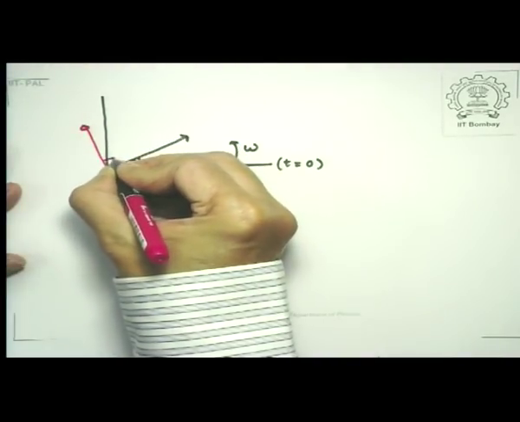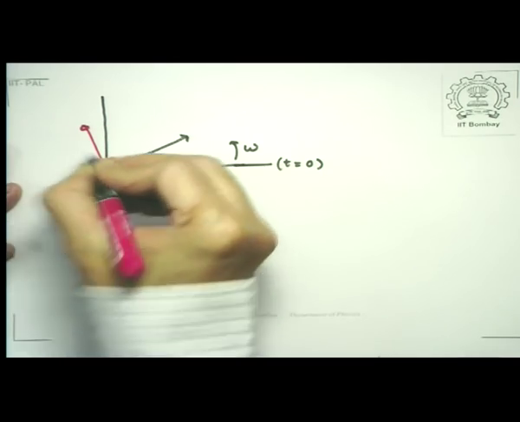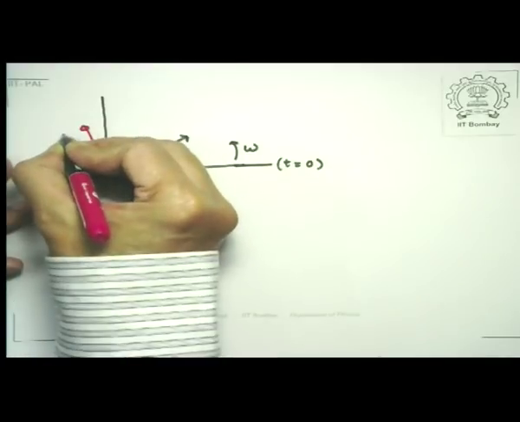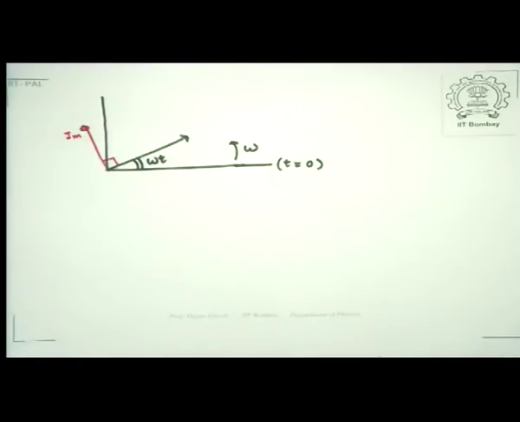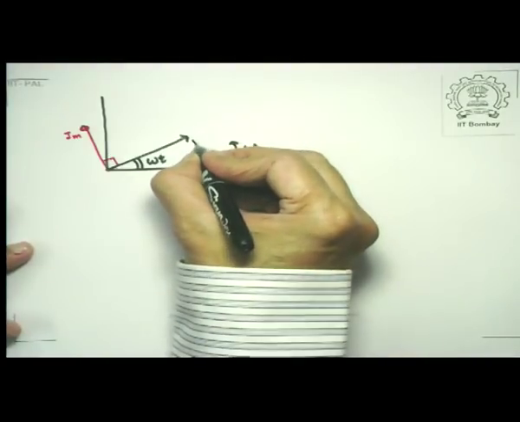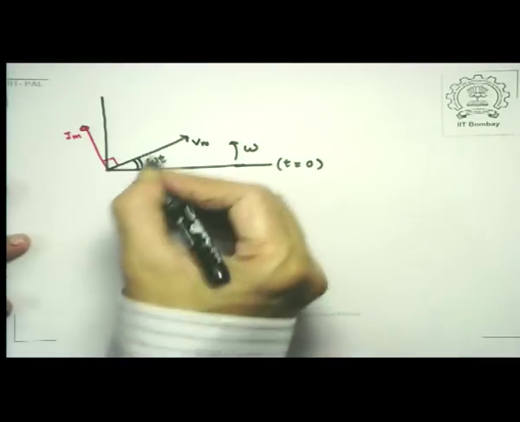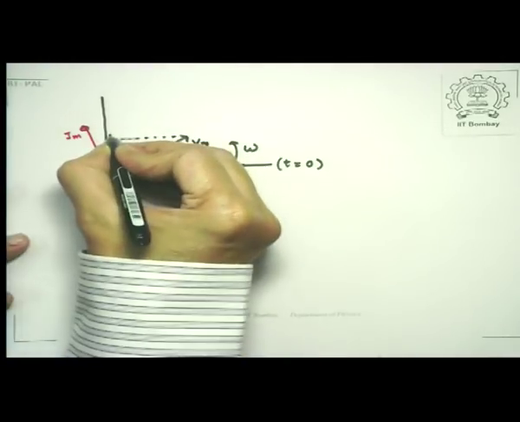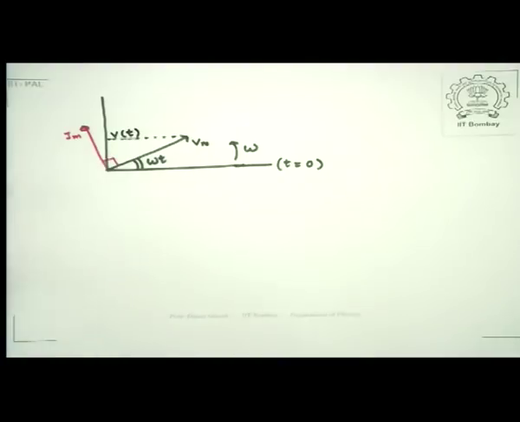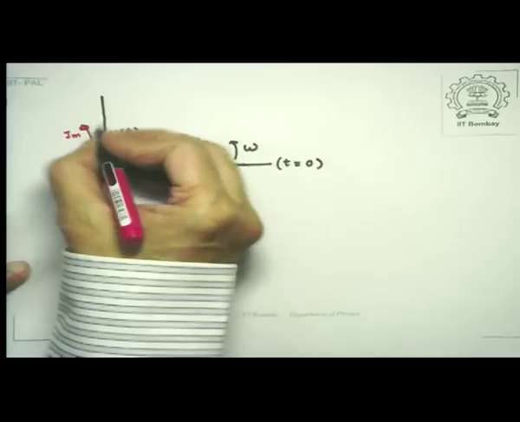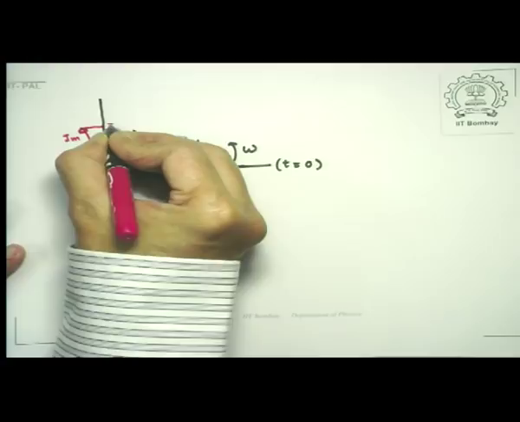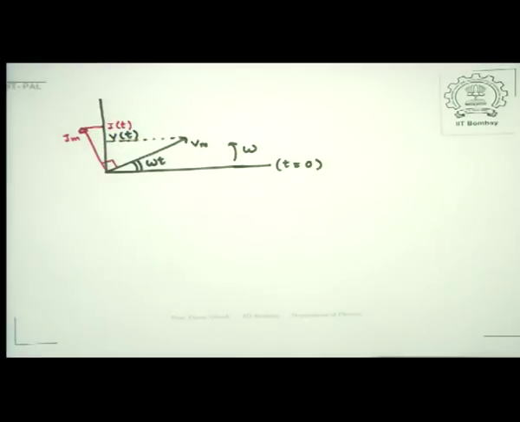So this angle is 90 degrees, and the magnitudes are Im, the magnitude of the current phasor, and Vm, the magnitude of the voltage phasor. If you take the projection along the y-axis, this gives you the instantaneous voltage at time t, and likewise the projection of the current phasor along the y-axis gives you the instantaneous current at time t.